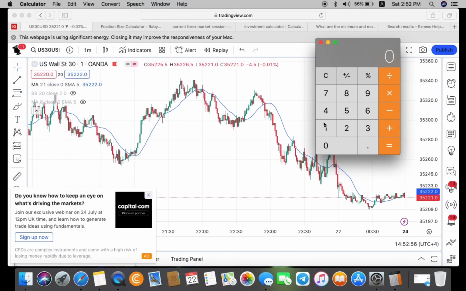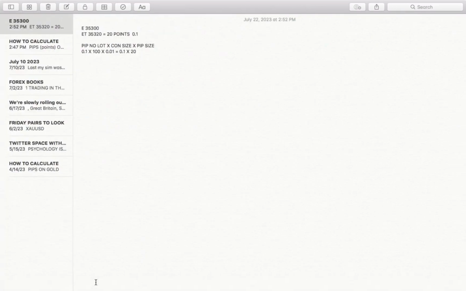Using 0.1 times 20, you see we have 2. So it means $2, because that's in dollars. If you successfully buy at this 35,300 and exit the price on this using this lot size, you're going to be taking out $2 from a 20 points move.